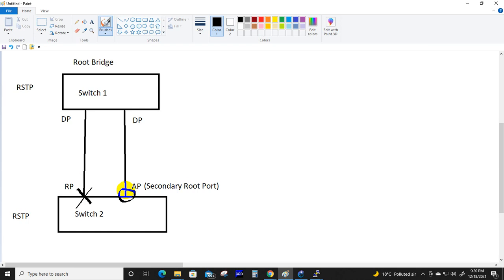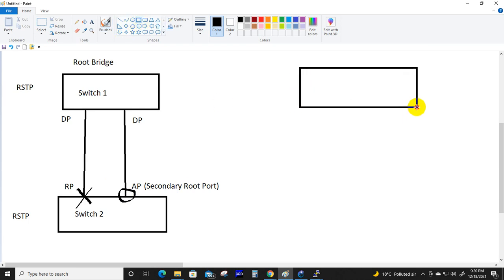That means this port becomes the root port immediately. Clear? Yes, sir. I think it is clear now.